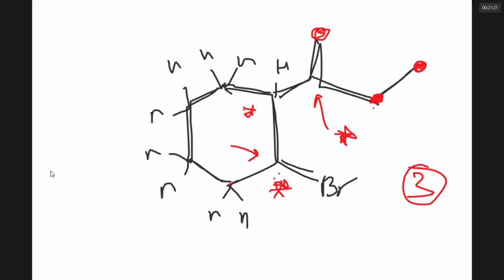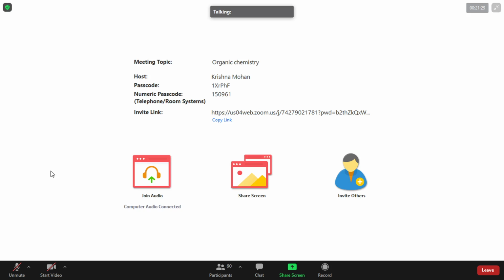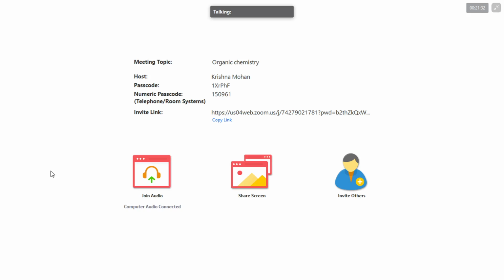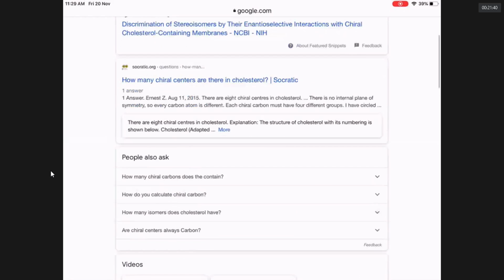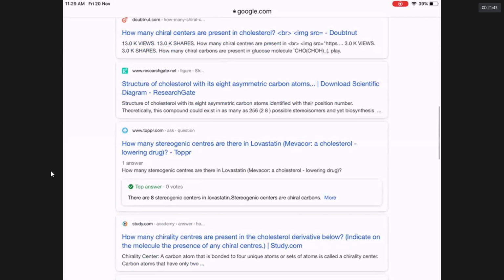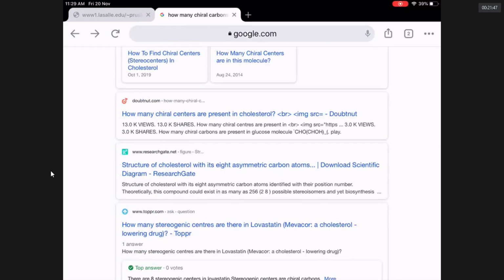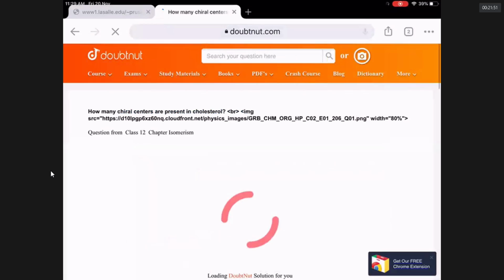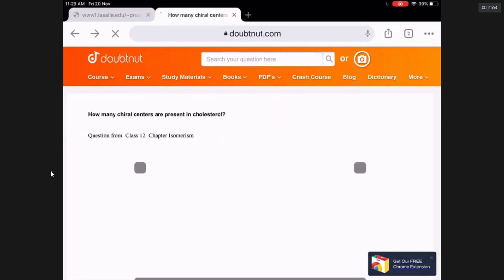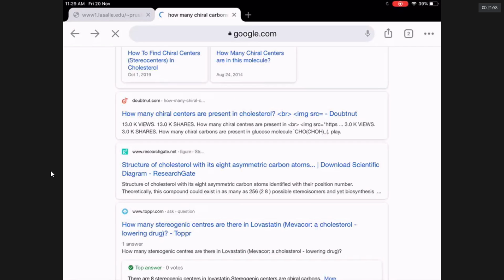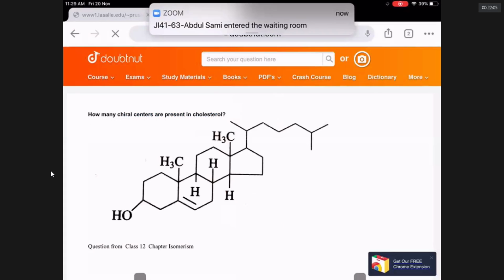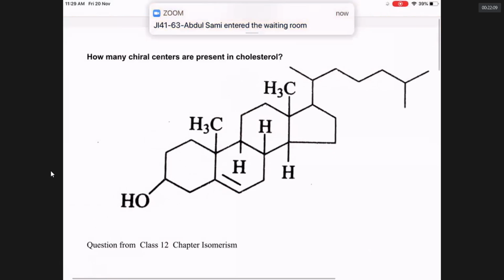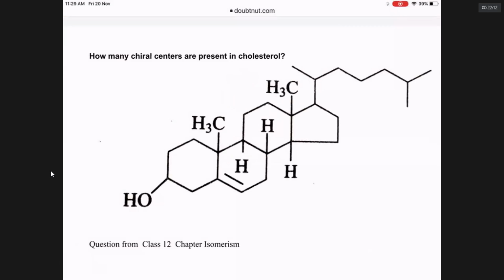Let us look at the IIT advanced question. How many chiral carbons does it have?